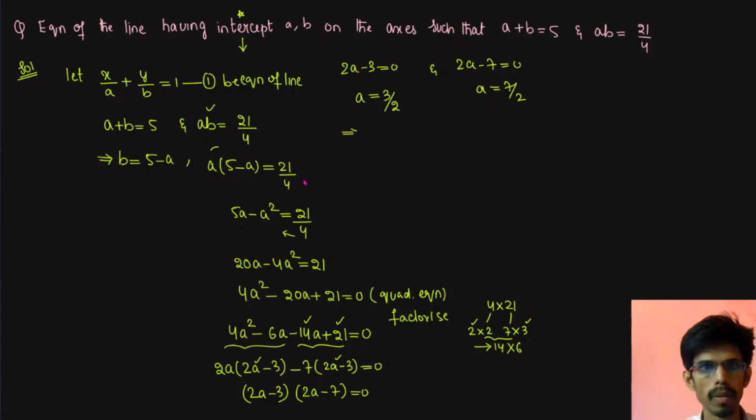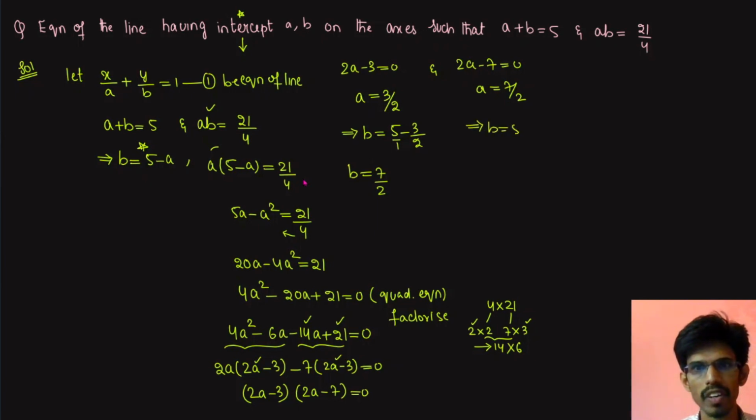Now this implies the value of b, where b is 5 minus a. 5 minus 3 by 2, take LCM, 2 fives are 10, 10 minus 3 will be 7 by 2. So we are getting two values of a. Here also I'll get b value as 5 minus 7 by 2.